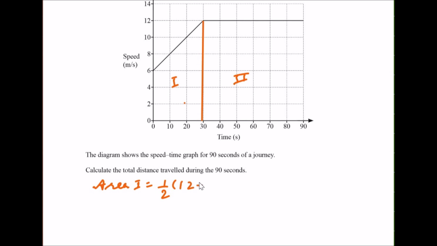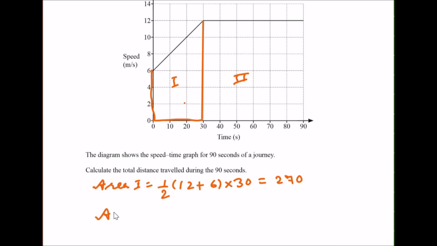So this will be 12 plus, this is from here to here, it is 6. So 6 into height. Height will be from here 0 to 30. So 30. Okay. So that means if you calculate, we get 270. That is 270 meter. That will be distance.